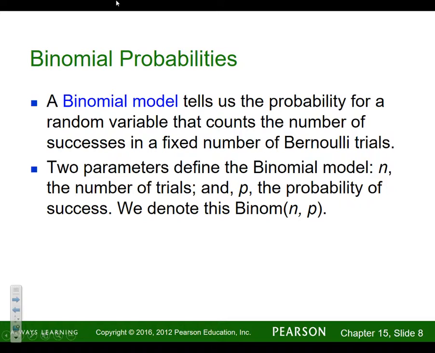And what is that? The number of trials is fixed. If I do something 5 times, it's going to have a specific number of successes, correct? But if I make it 10, isn't that number going to change as well? So I need to make sure that the number of trials is fixed.